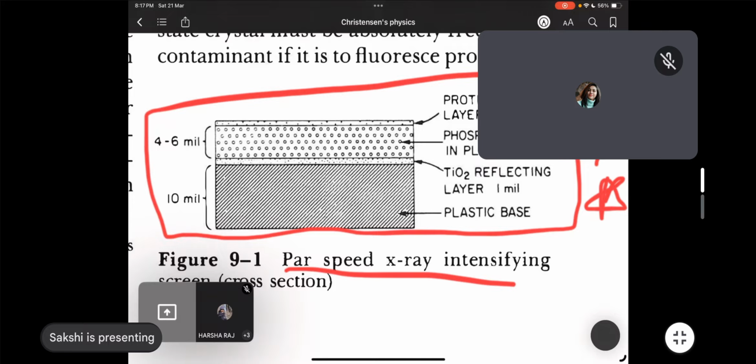Ma'am, what is par speed? Write down this question also, it's important actually. Anyone? What is par speed intensifying screen? Once you're done with writing, then you tell me the answer.